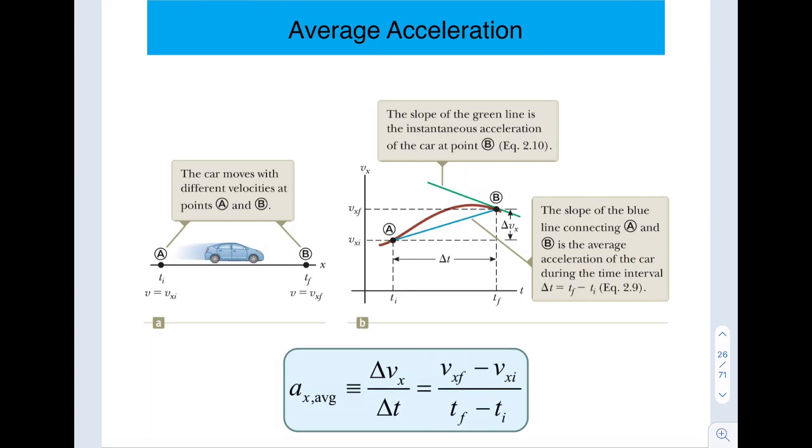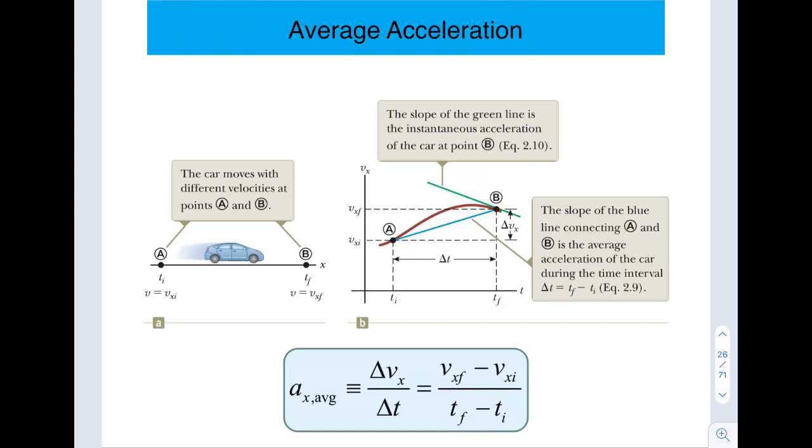Why? Because now you have a graph of v versus t, and acceleration is defined as the rate of change of velocity. Similar approach to the instantaneous velocity. Instantaneous acceleration means that we want to know the value of the acceleration of the car at a very particular time, a very short time interval.